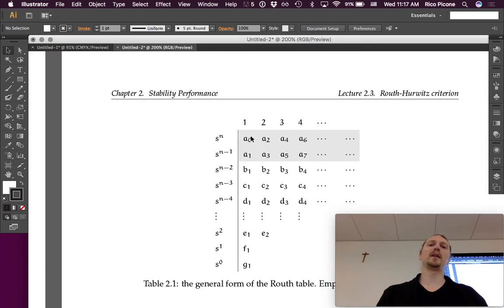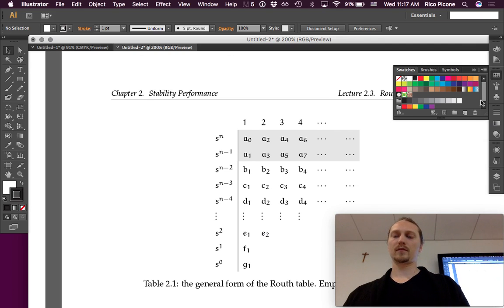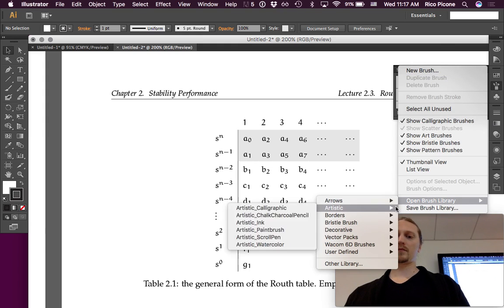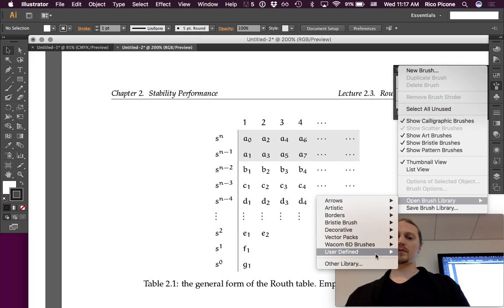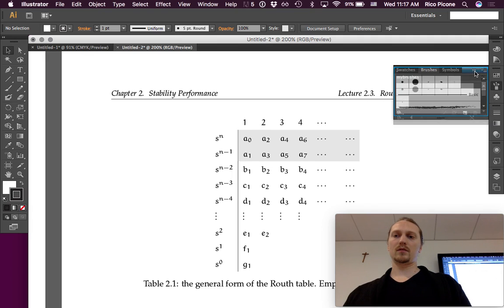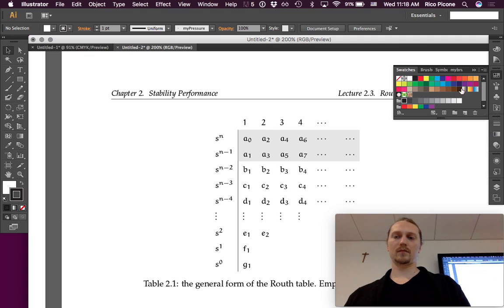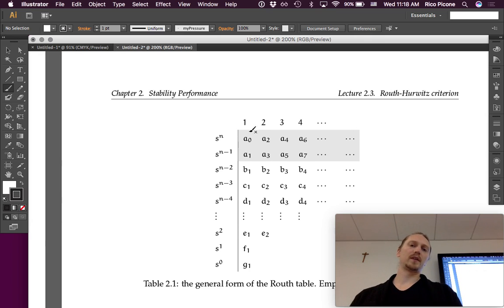And we're just plopping them in here in a zigzag pattern. We stuck the first one in this first spot.